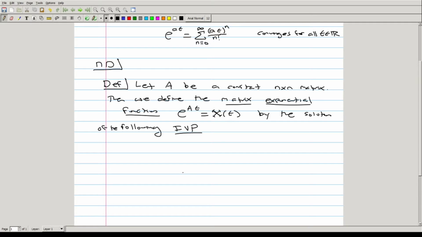And this is a matrix initial value problem. You see that X prime is equal to the matrix A times X, with X of 0 being equal to the identity matrix.